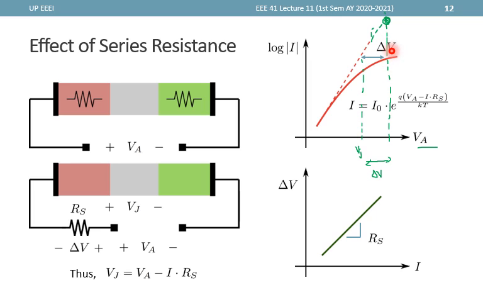So instead, we get this amount of current at this voltage instead of this amount of current.